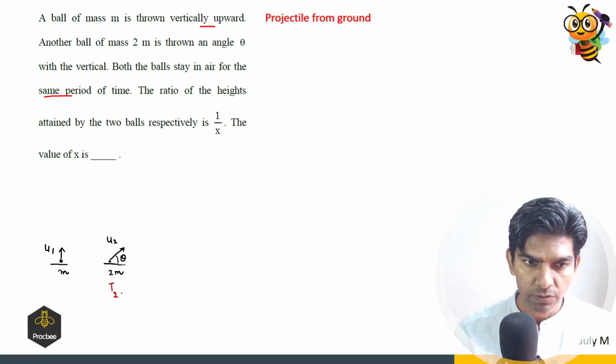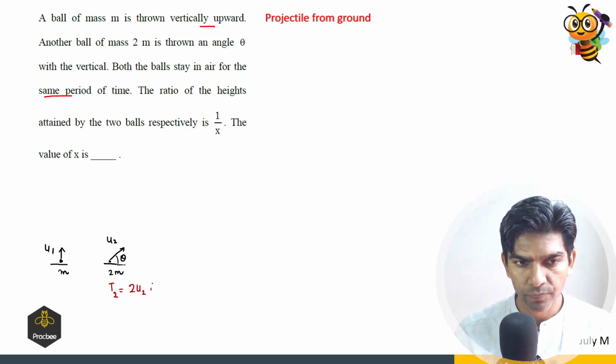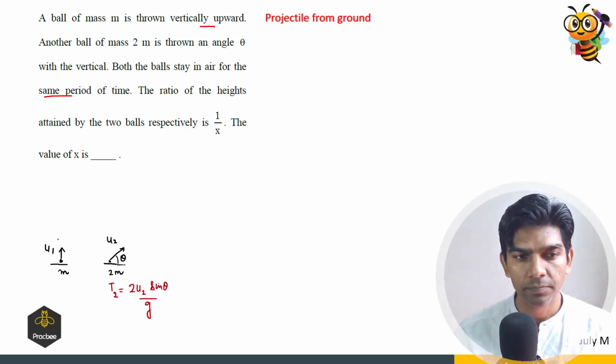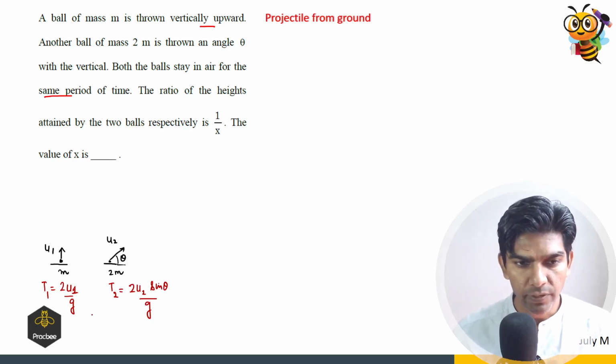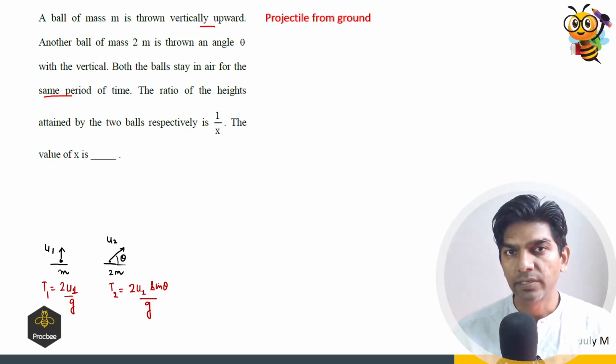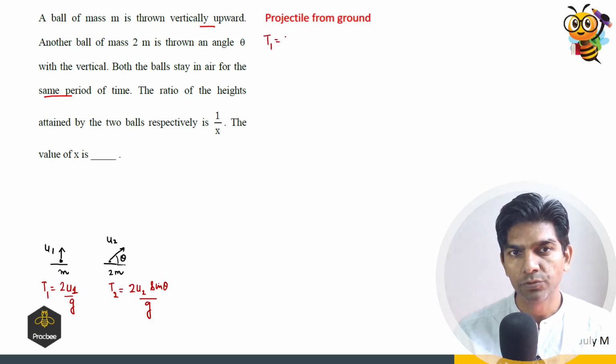So what is t2? So t2 is 2u2 sine theta by g. Now in case of the first ball, the time of flight will be 2u1 by g, and we have given that their times of flight are equal, so t1 equals t2, so we can say 2u1 by g is equal to 2u2 times sine theta by g.